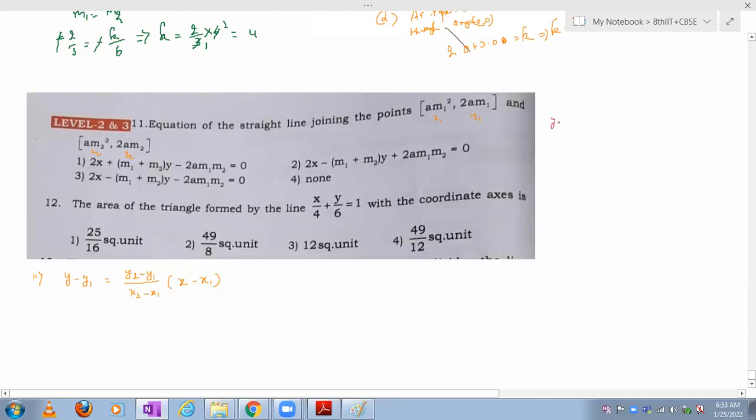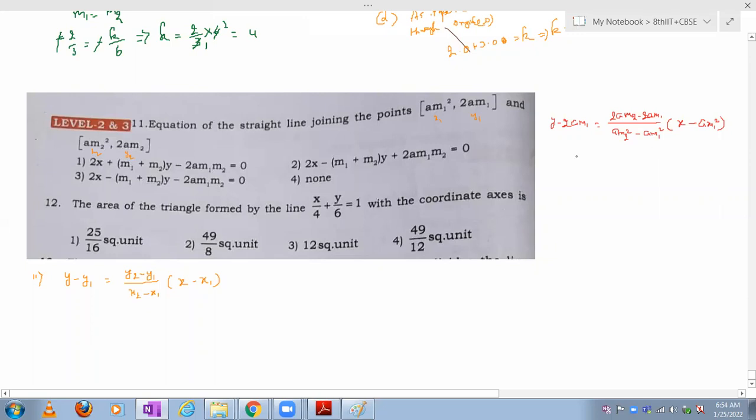y minus 2am1 is equal to (2am2 minus 2am1) divided by (am2 square minus am1 square) whole into (x minus am1 square).